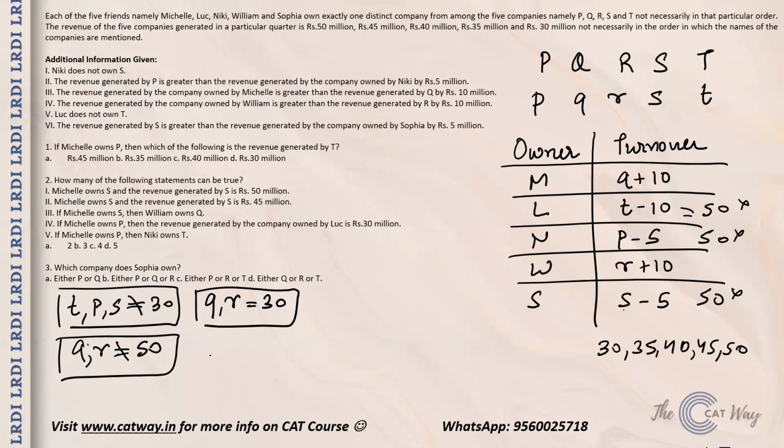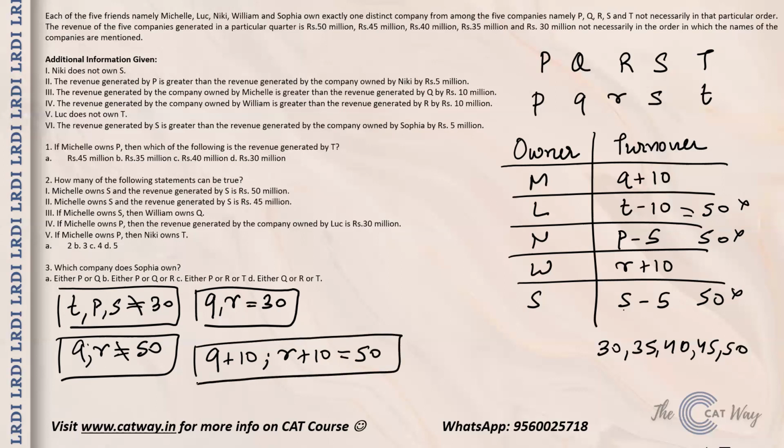So one more thing that we know is that one among q plus 10 and r plus 10 is going to be equal to 50. Now guys, what do we have? That one among q and r is going to be equal to 40, and one among them is going to be equal to 30.